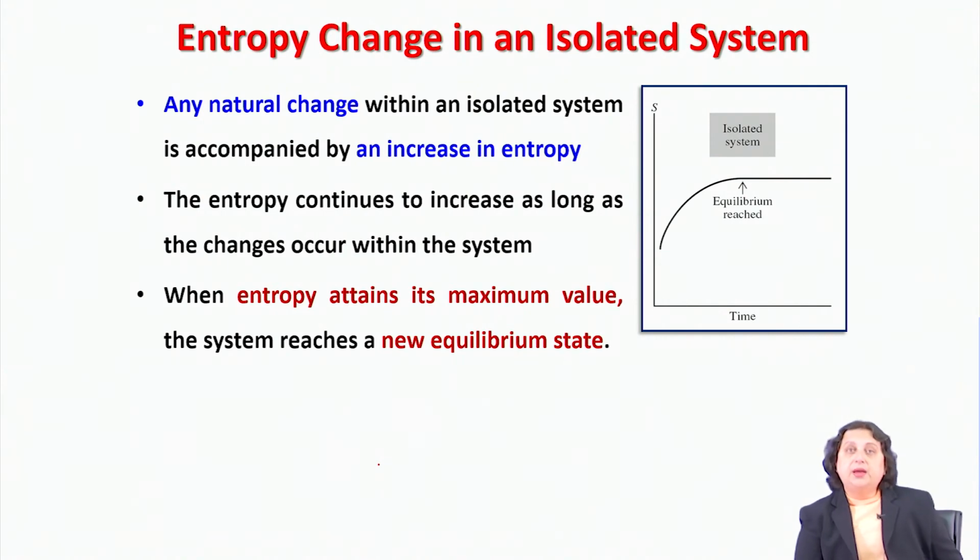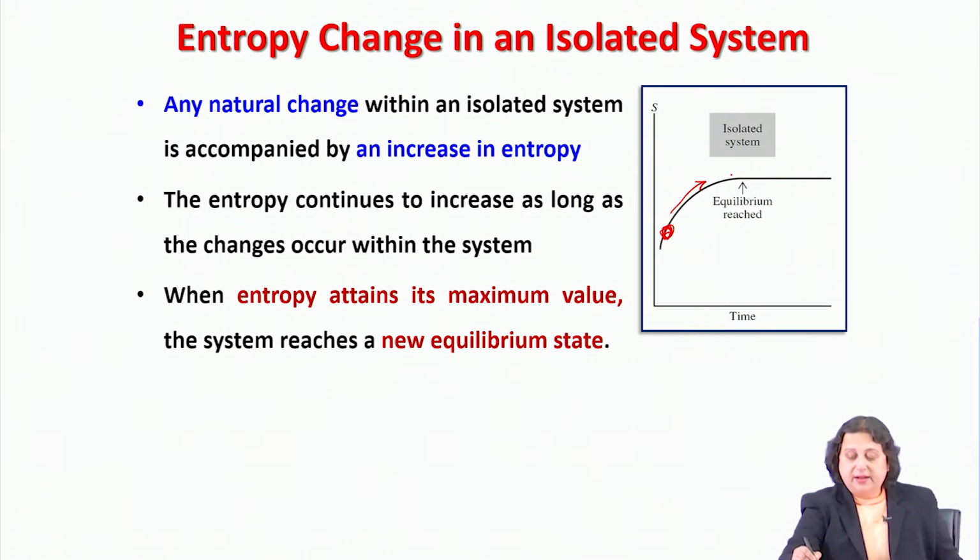So, if I am inducing a change in state and following the change in entropy of the system as it passes from an initial equilibrium state to its final equilibrium state, then we will see that it spontaneously changes in this direction, and it continues to do so till the entropy attains a maximum value.